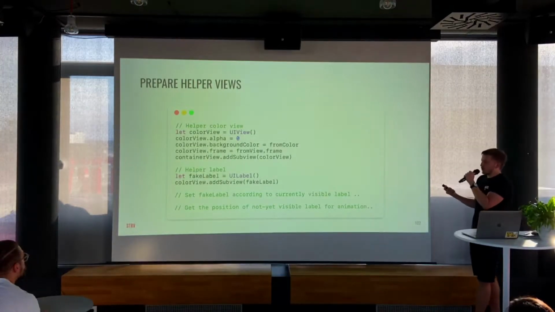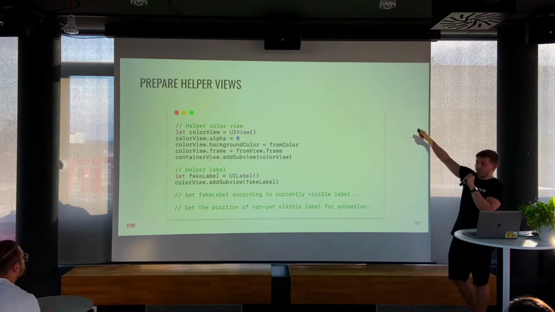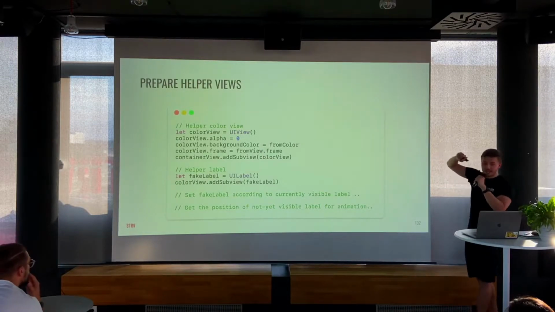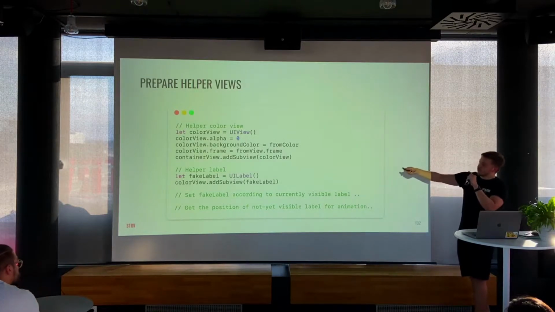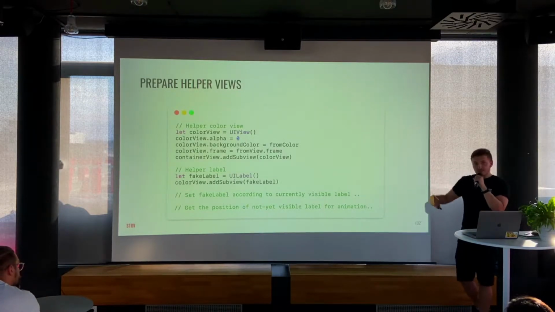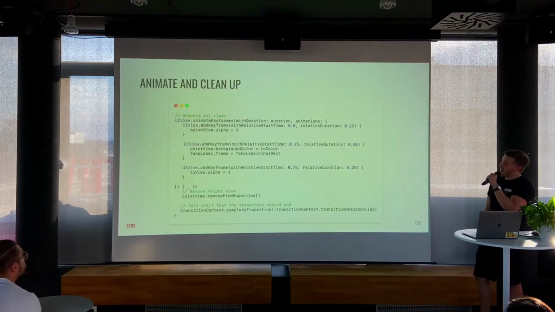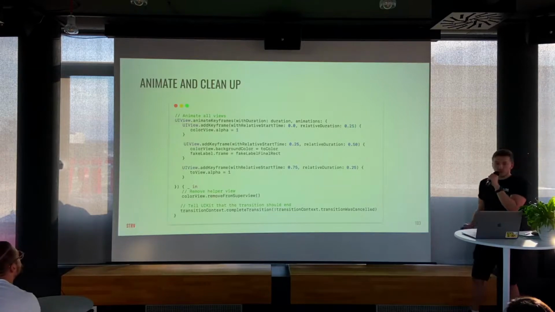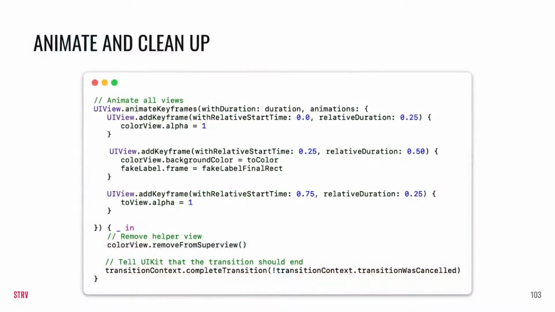And now our job would be simply to use the labels we got in the previous slide and copy its style. So we would assign the font of this fake label to be the same as the label we got. And finally, we would use this keyframe animation to animate all of them.